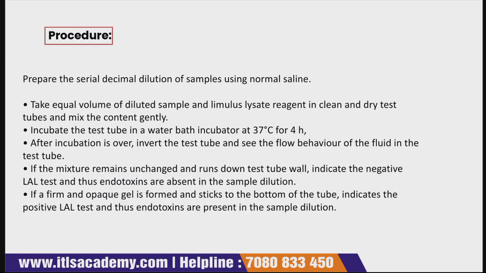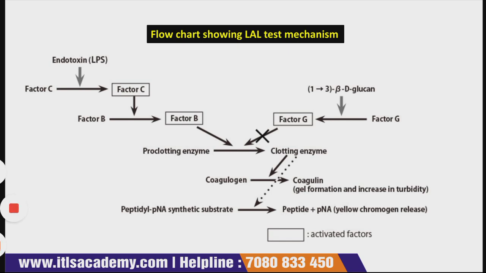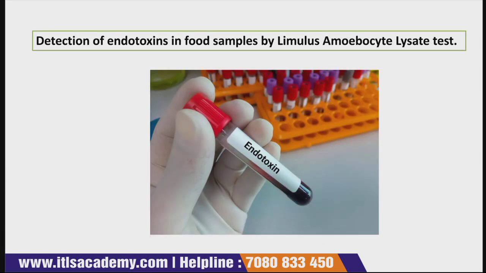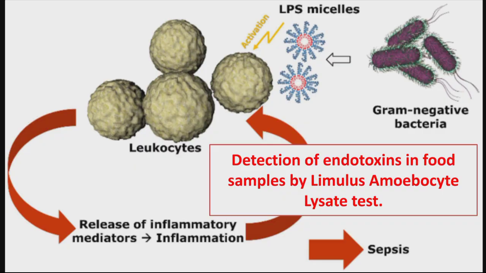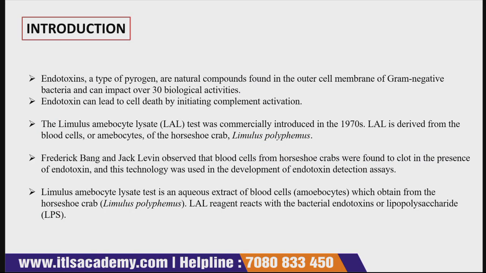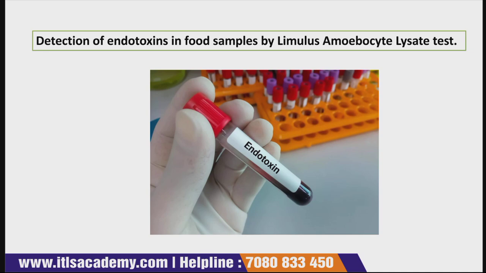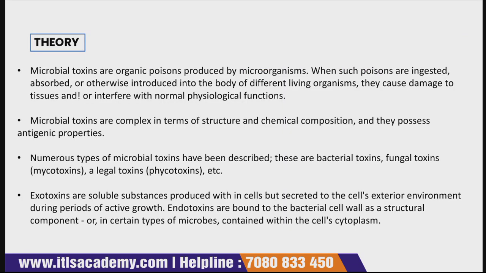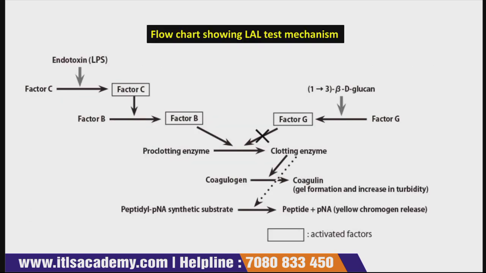So that brings to the end of the lecture. If you have any doubt, any query related to the lecture, you can simply leave your queries in the comment section below. As far as the lecture is concerned, what we have covered in this lecture is the introduction part, and after that we have seen the experiment, that is detection of endotoxins in food sample by Limulus Amoebocyte Lysate test. This is the theory that we have discussed. We have also seen the difference between endotoxins and exotoxins. We have seen this flow chart, and I'll be making a separate video on the LAL test mechanism.